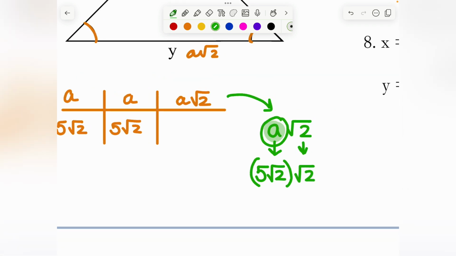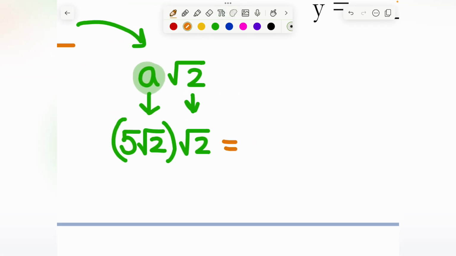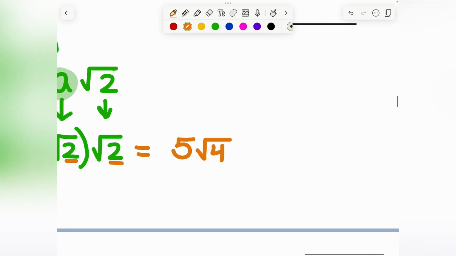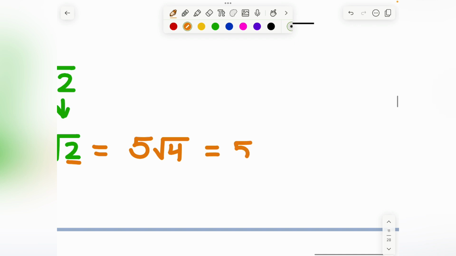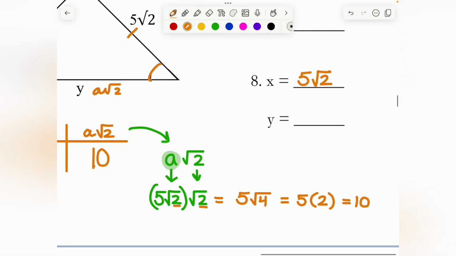So I'm just replacing this A with a 5 root 2, and then I'm going to have to multiply in this case. So this is actually 5 root 4. When I multiply radicals, I just multiply the insides, but the square root of 4 is 2, and 5 times 2 is 10. So this is just 10.